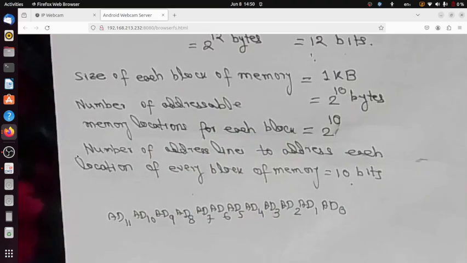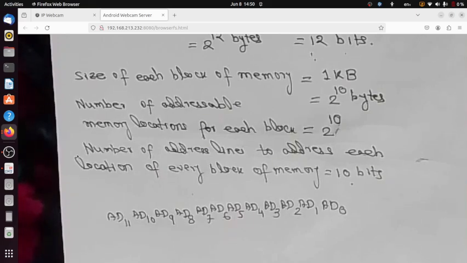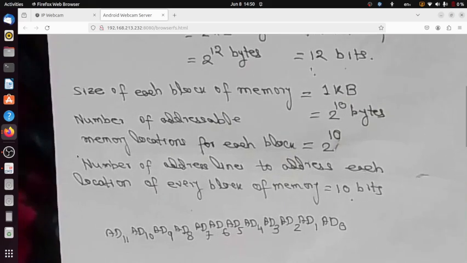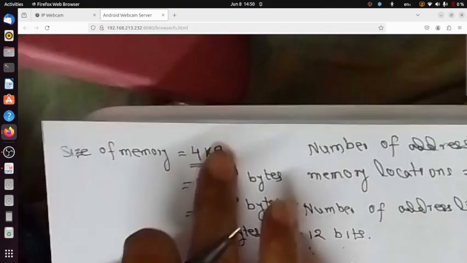These are the 12 address lines required in total to access each memory location of a 4 KB memory.